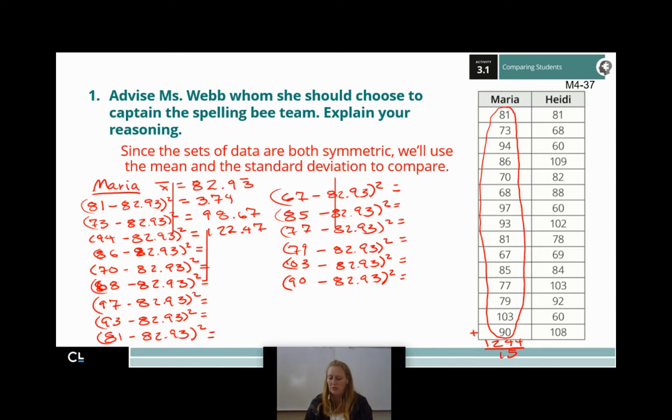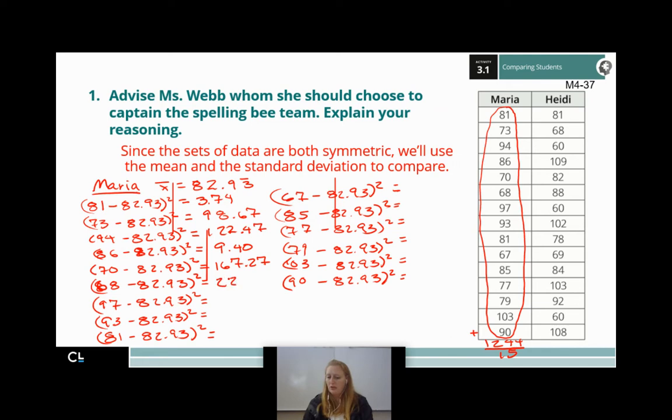86 minus 82.93s forever. Square it. Get like 9.40. 70 minus 82.93s forever. Square it. Get 167.27. 68, sorry for the bad handwriting, minus 82.93s forever. Square it.